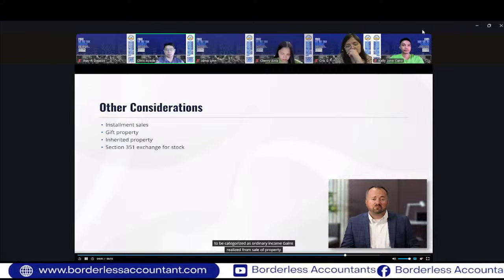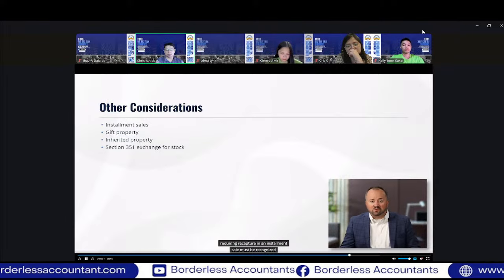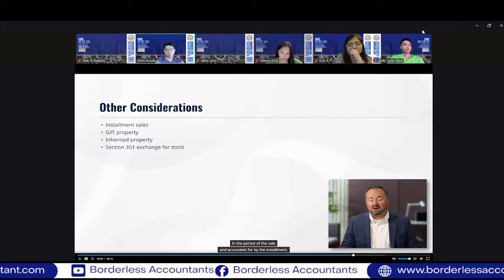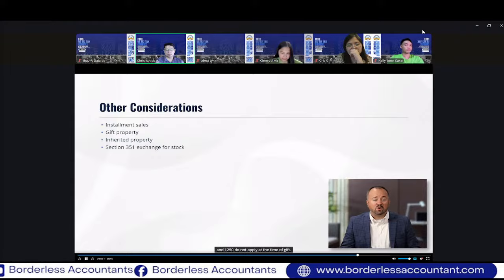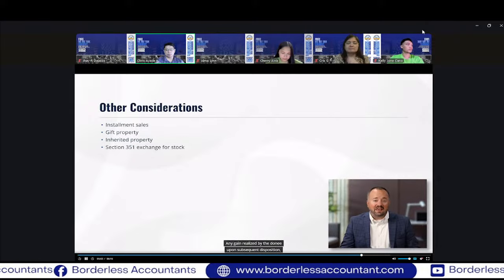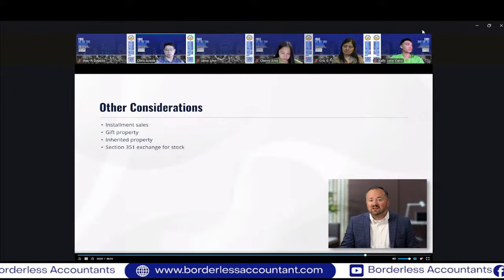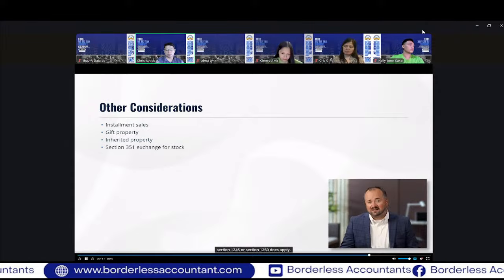Gains realized from sale of property requiring recapture in an installment sale must be recognized in the period of the sale and accounted for by the installment. When property is gifted, Sections 1245 and 1250 do not apply at the time of gift. Any gain realized by the donee upon subsequent disposition, Section 1245 or Section 1250 does apply.